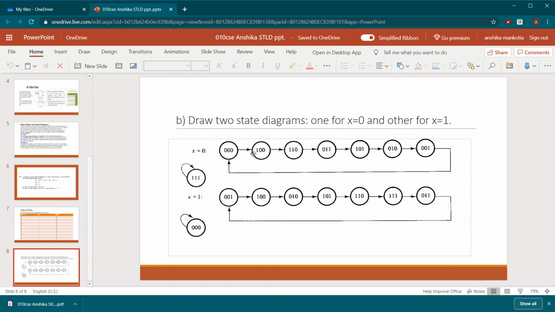And the binary number written inside each circle represents the state of that circle. And that's how this works.